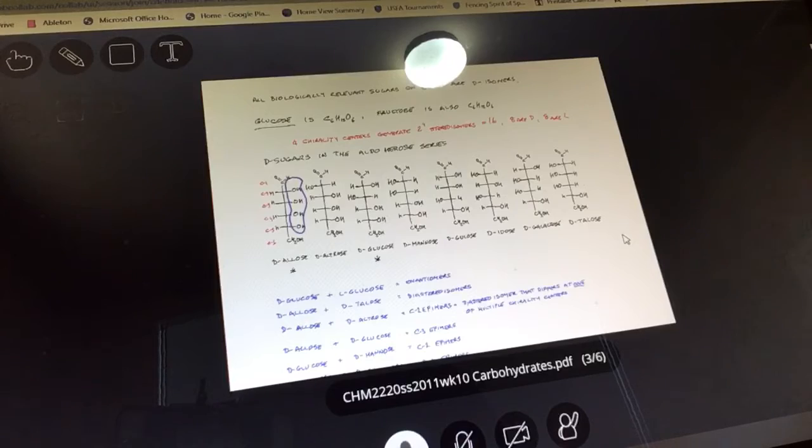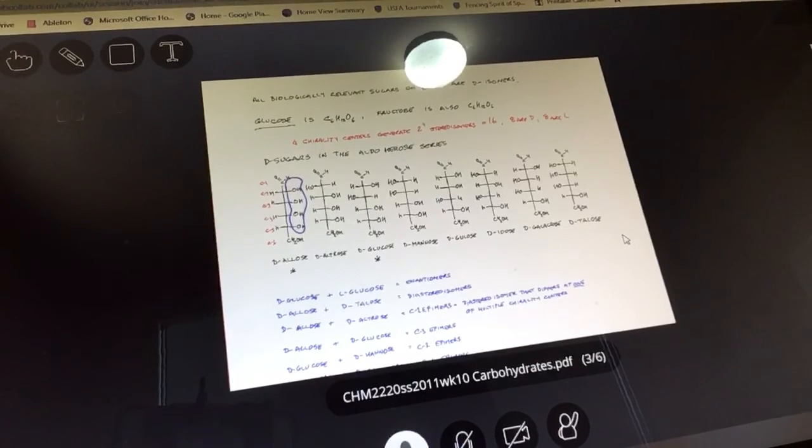So the blue text says allose and talose. That's the first one and the 8th one. Allose has 4 chirality centers. Talose has 4 chirality centers. These 2 molecules differ at multiple chirality centers.